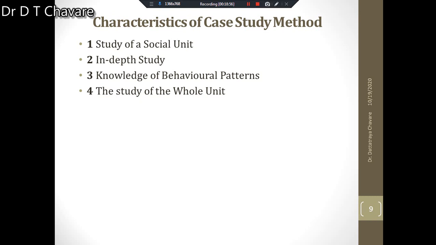In other words, the case study is a viewpoint which sees the social phenomenon as an integrated unit having a unified bond binding all its diverse elements. It treats a man, family, institution or group as a whole. In this way, the study of the whole unit is possible with the help of the case study method. These are the four characteristics of the case study method.